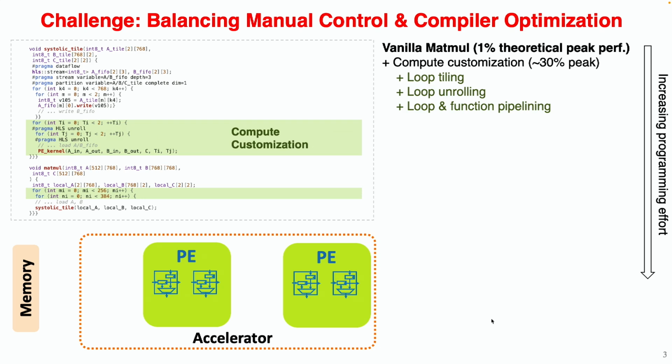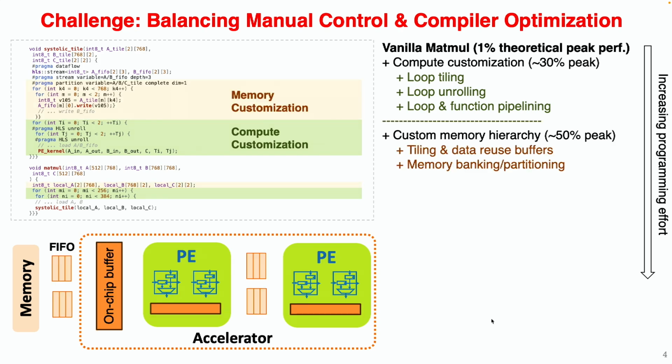To optimize the performance, we must first apply compute customizations such as loop tiling, unrolling, and pipelining, which requires manually rewriting the loops. Furthermore, we also need to include custom memory hierarchy by creating intermediate buffers and conducting memory partitioning, so lots of pragmas will be inserted.